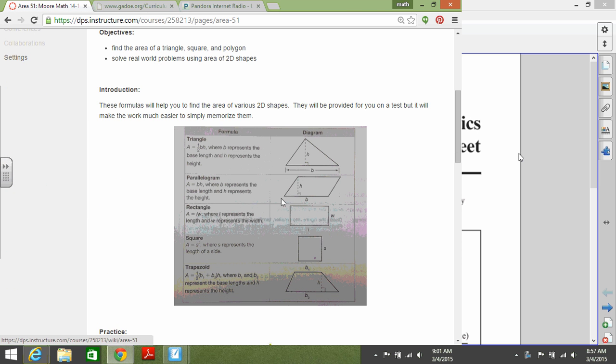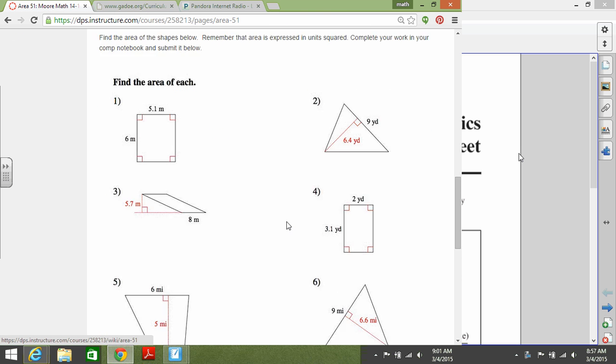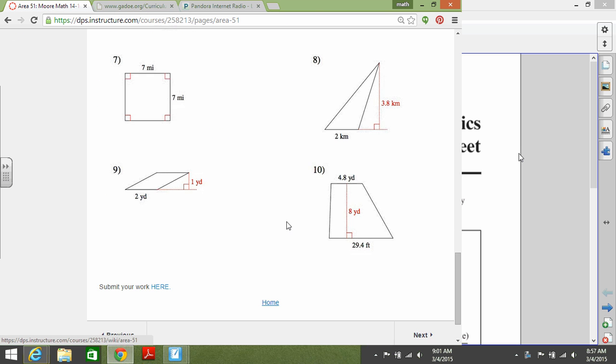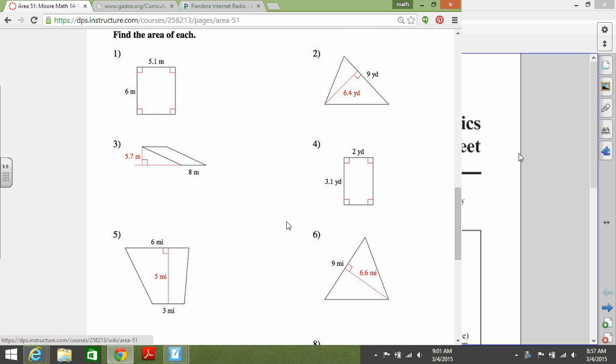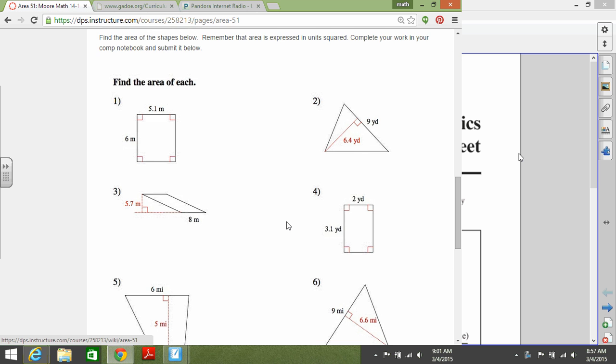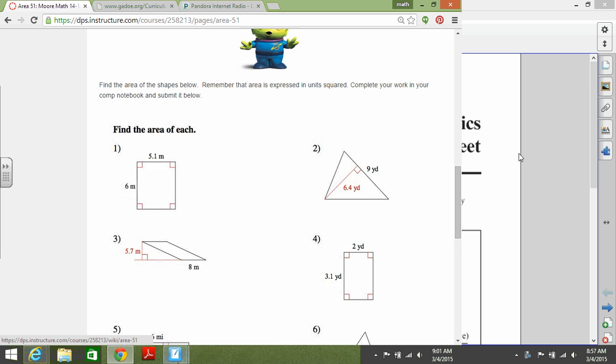In the middle, you will see another formula sheet, but we're going to use our formula sheet that we already have. And down here at the bottom, you will see 10 problems. We're going to work through these on the orange paper that you have using our formulas. Okay? And we're starting with number 1 right here.